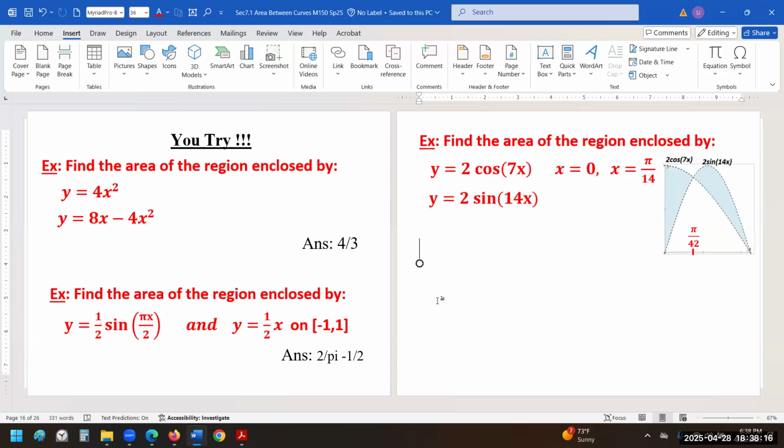Where are they intersecting? In one part there is one area function, and in the other part there is another area function.